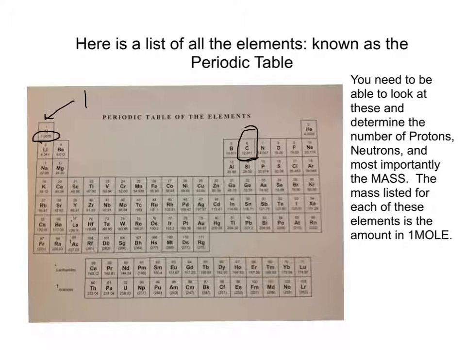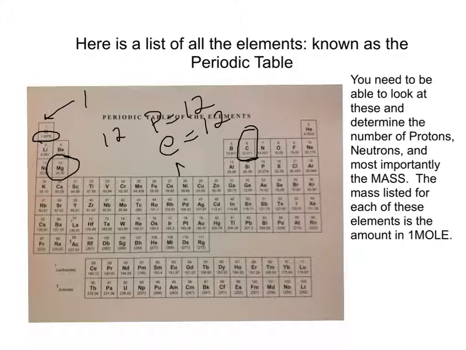So if we were to take a look at, let's say, magnesium, its atomic number is 12. So its protons equal 12. Since it is neutrally charged, its electrons equal 12.